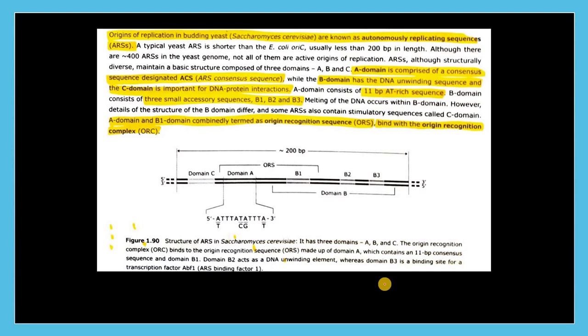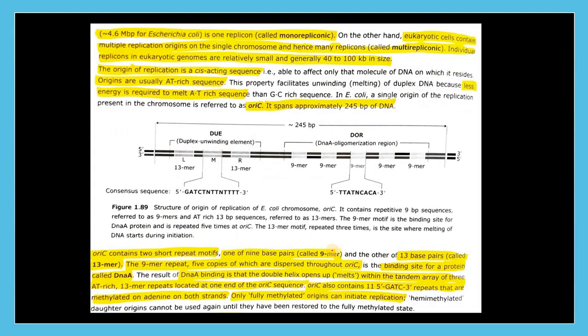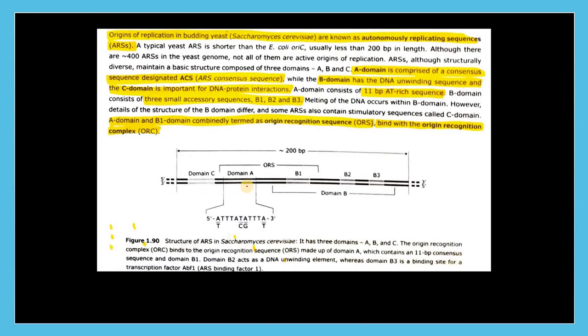Talking about the eukaryotic ORI, the previous one, this whole ORI was of OriC E. coli, right? Now, talking about the eukaryote, let's take the example of the budding yeast, Saccharomyces cerevisiae. It also has this particular ORI, origin of replication, and here it is termed as autonomously replicating sequence, ARS. A typical yeast autonomously replicating sequence is shorter than E. coli OriC.